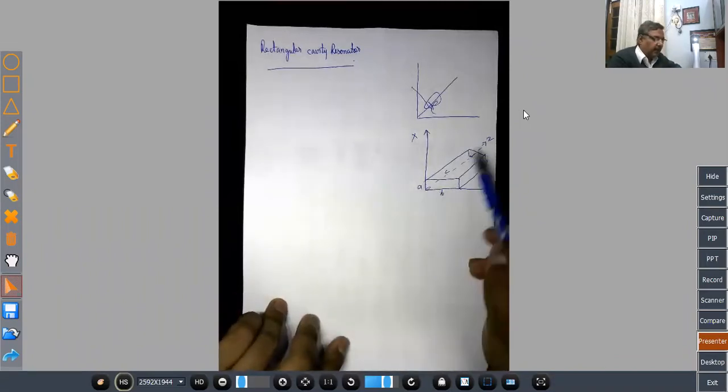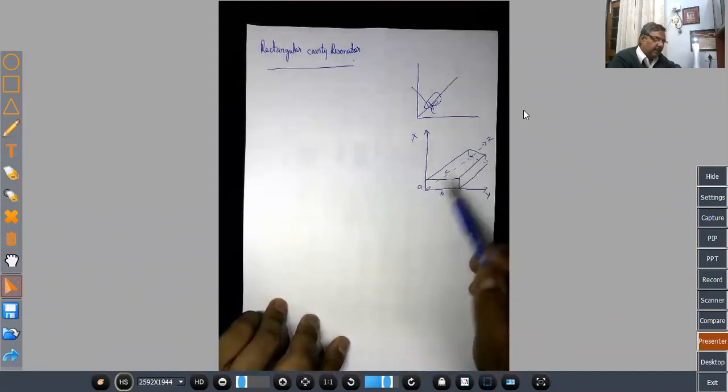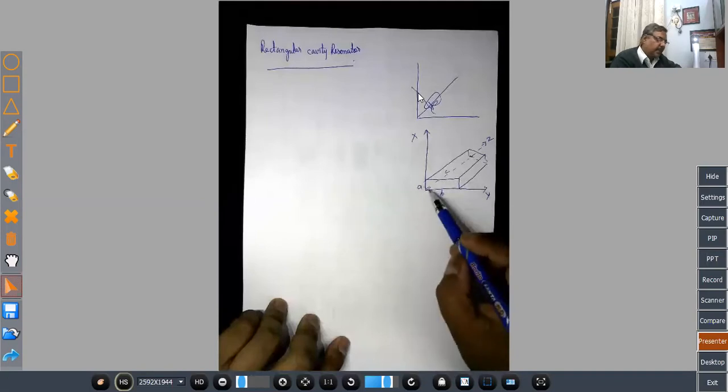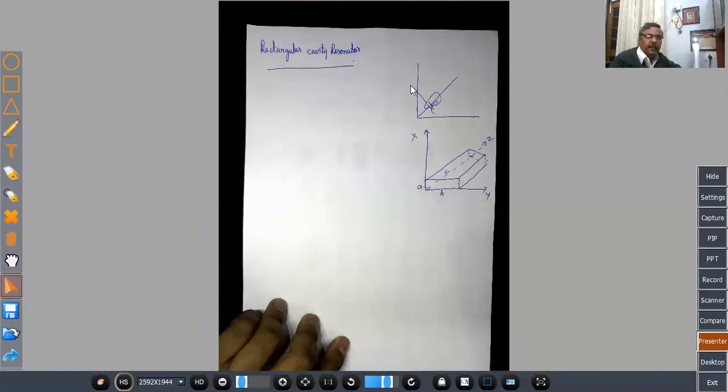This is a rectangular cavity. We have closed both the ends. The length of the axis of the cavity is along the z direction, and of course, the fields will be in the x and y direction. The dimensions of the cavity are the cross section is A and B, and the length is C.